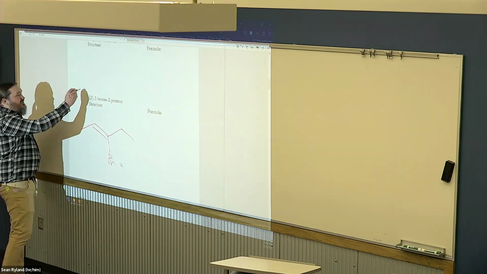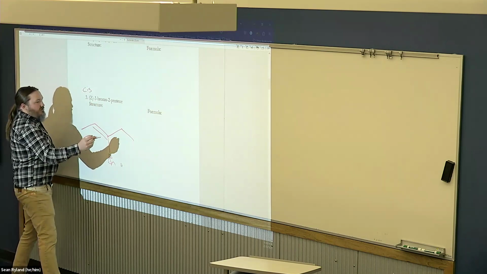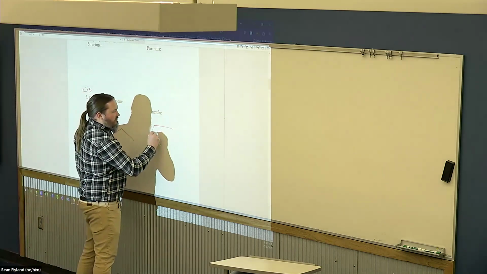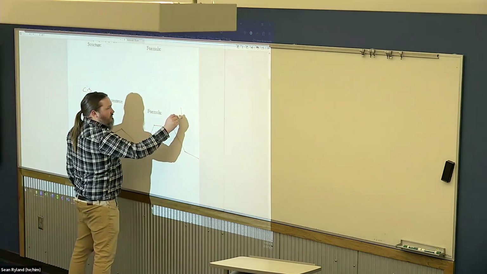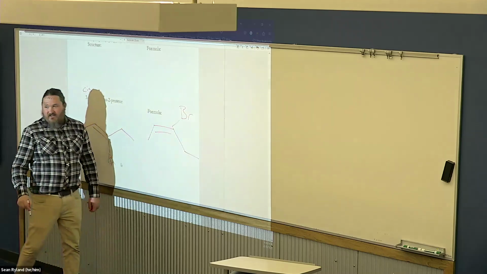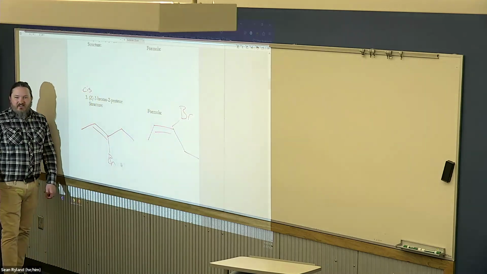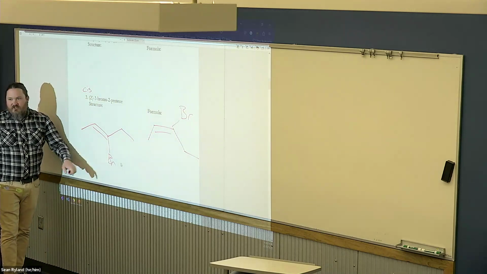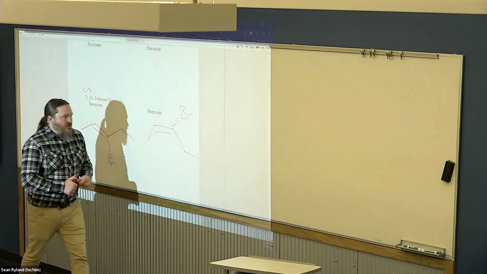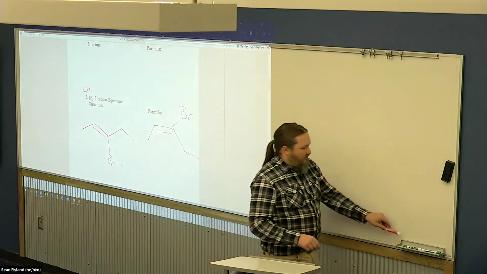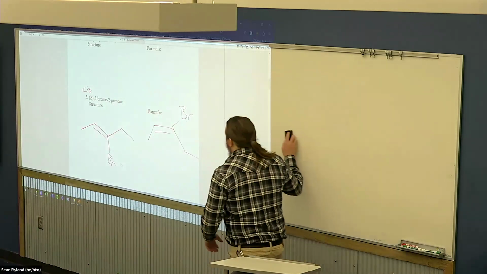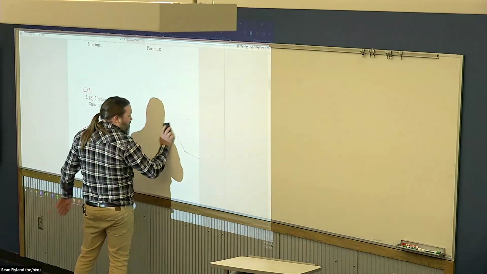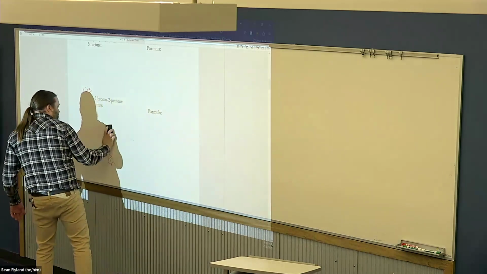If I'd written cis, then it would have been like that, because cis is referring specifically to the carbon chain, but Z is referring to that priority system. A little nitpicky, but just to make sure we're being careful with that.